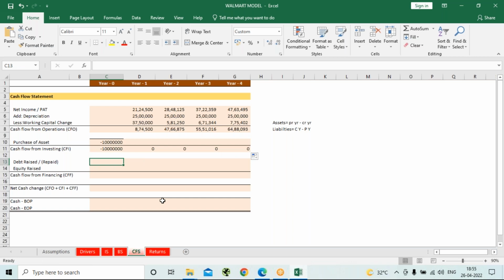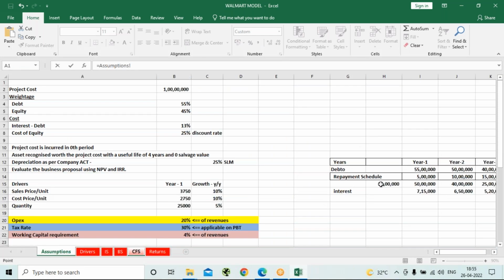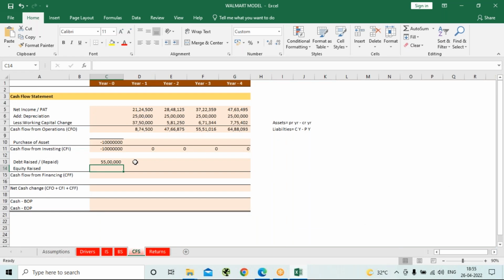The next thing is the debt raised value. This has to be connected from the debt schedule. The debt raised value, from the assumption, was 55 lakhs, and that amount was raised.